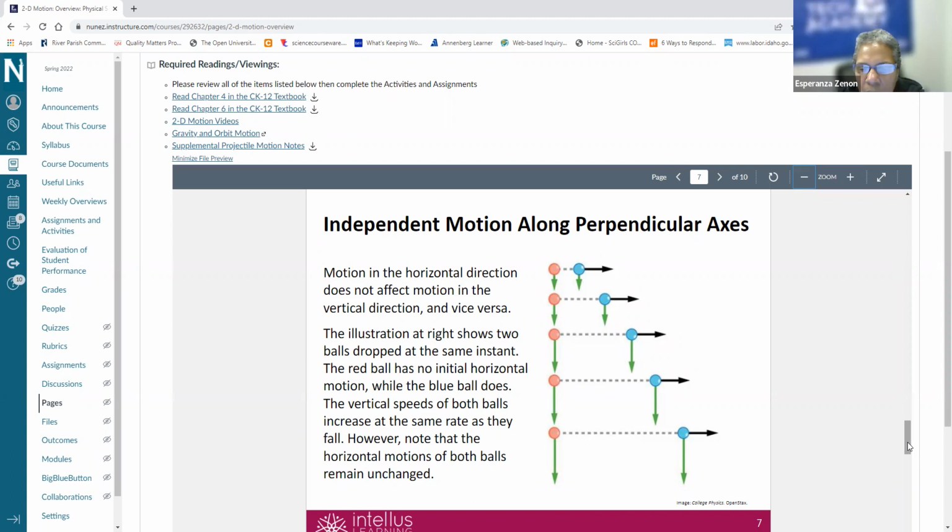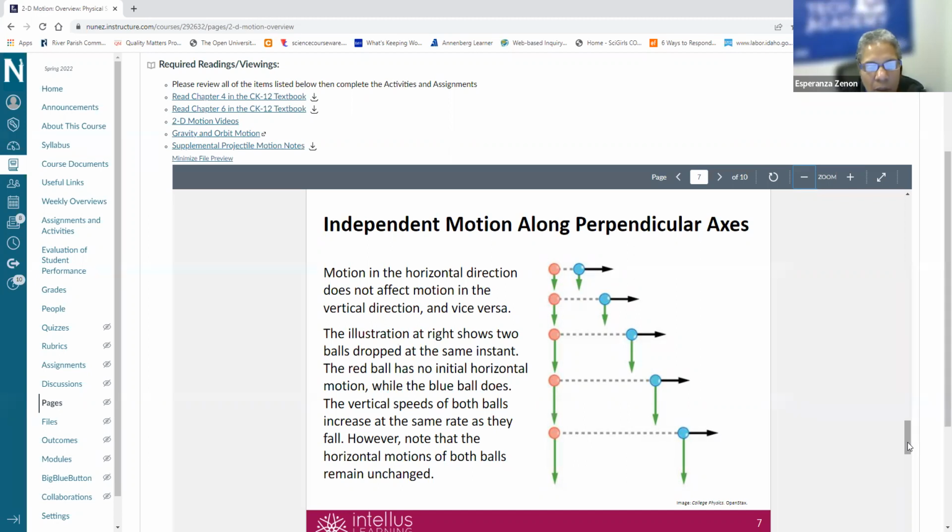Also, one of the things you notice is that, well, of course, the red object, because it's being dropped, doesn't have any horizontal motion. That's why you don't see any black arrows on the red. But for the blue, you notice that there are black arrows representing the horizontal motion. And notice that the size of those black arrows representing the vector for the horizontal motion are identical.